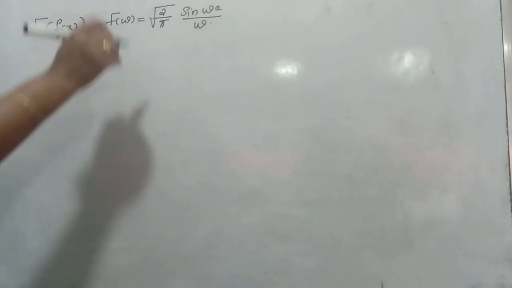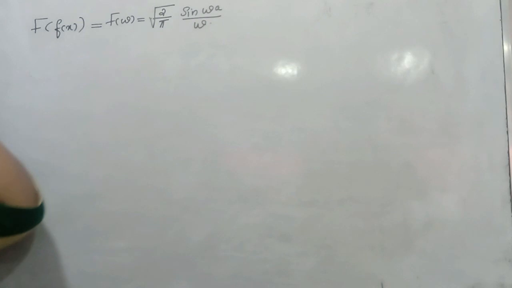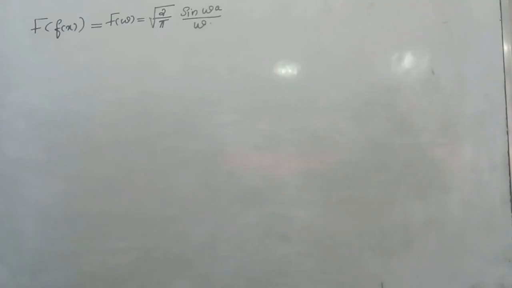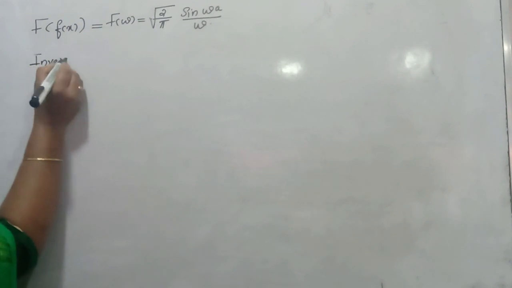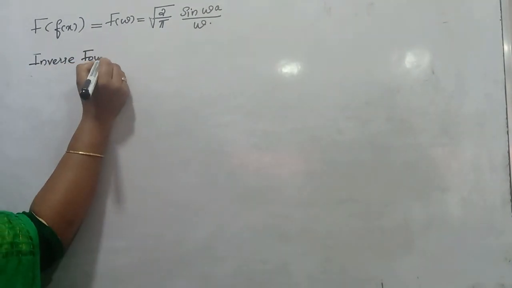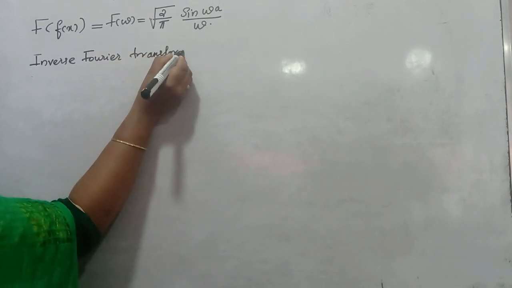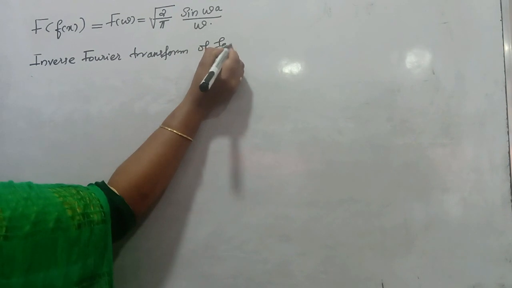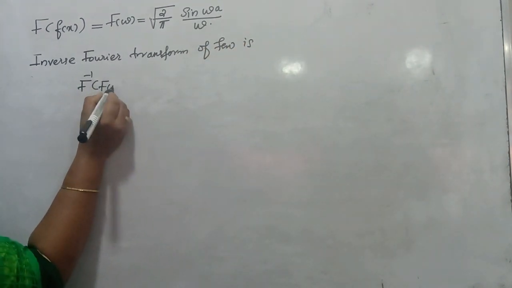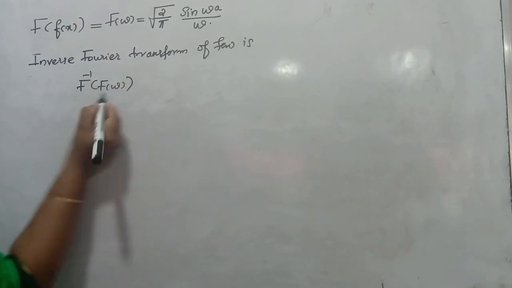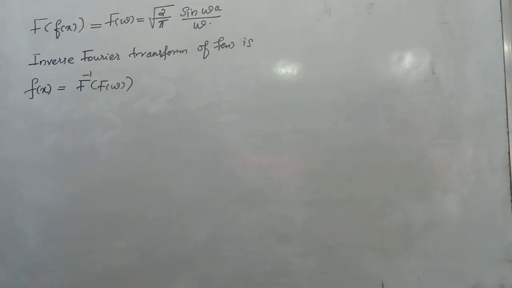Okay, then to find the definite integral from 0 to infinity of sin x by x dx, we have to find the inverse Fourier transform also. The inverse Fourier transform of F(omega) gives the function f(x).